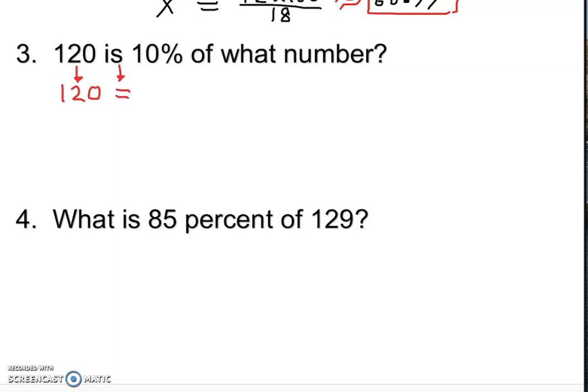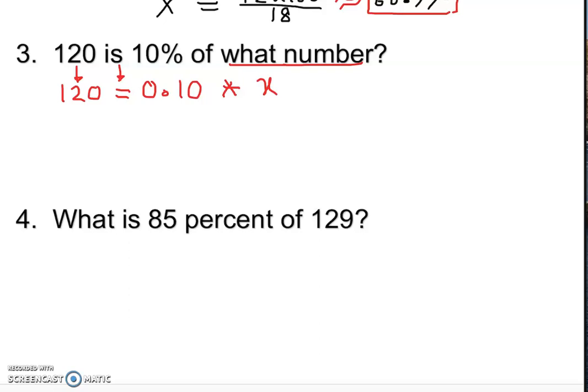And 10%, as I said, 0.10 is like 10 cents, of what number, times x. As you see, we don't know the number, which is x. So in this case our variable is on the right side. Let's actually work it out on this problem.